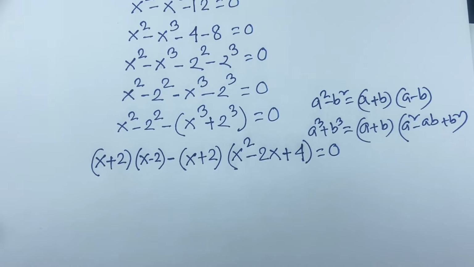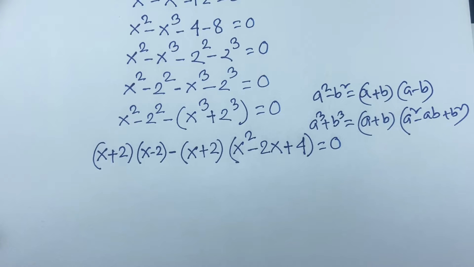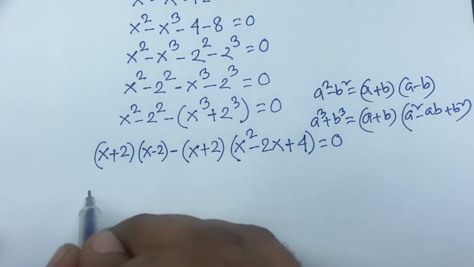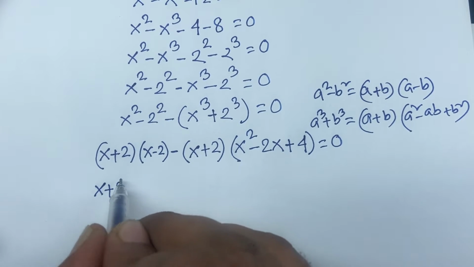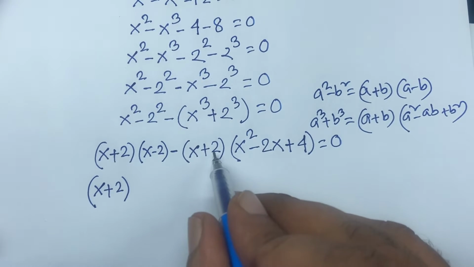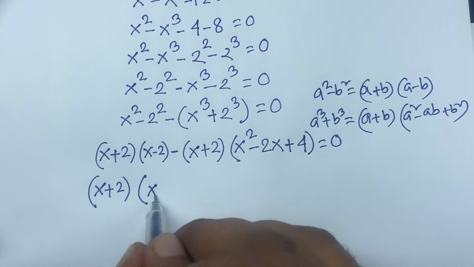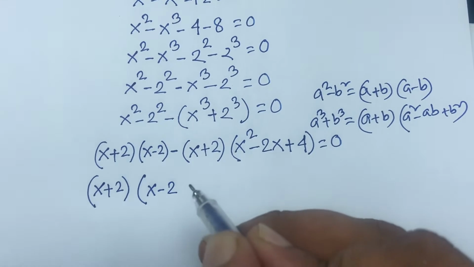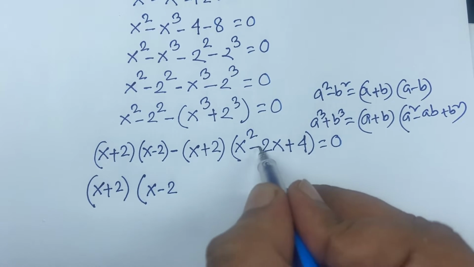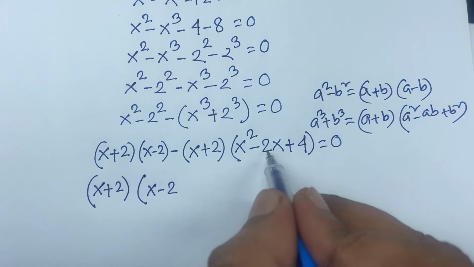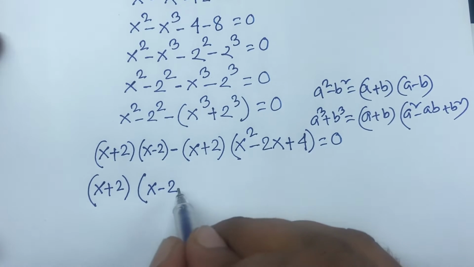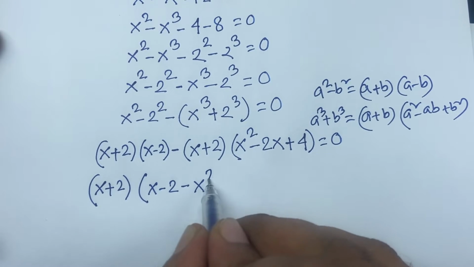Then x plus 2 is common, so x plus 2 here and x plus 2 again here is common. Because of that, here is x plus 2, this is x plus 2, so this divided by this will be bracket x minus 2. Then this divided by this, it will be minus x square.